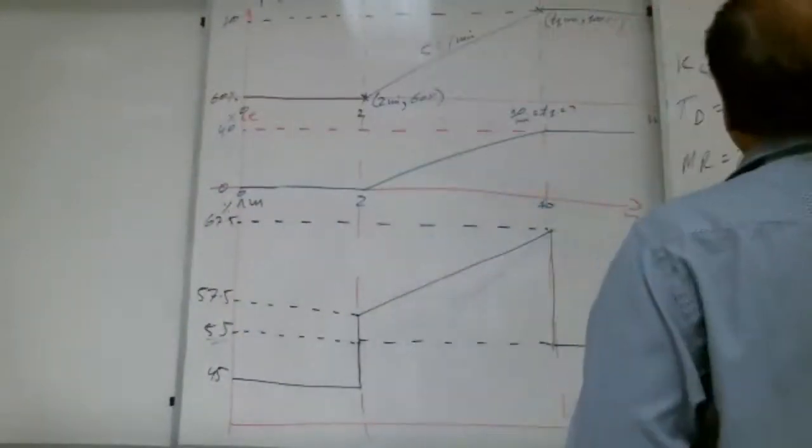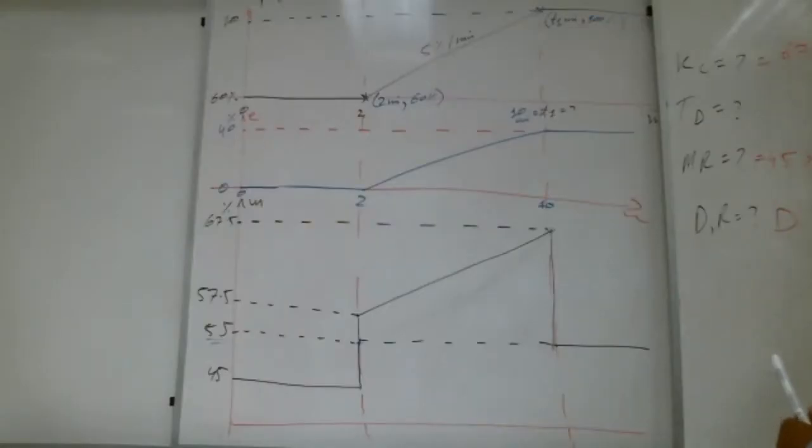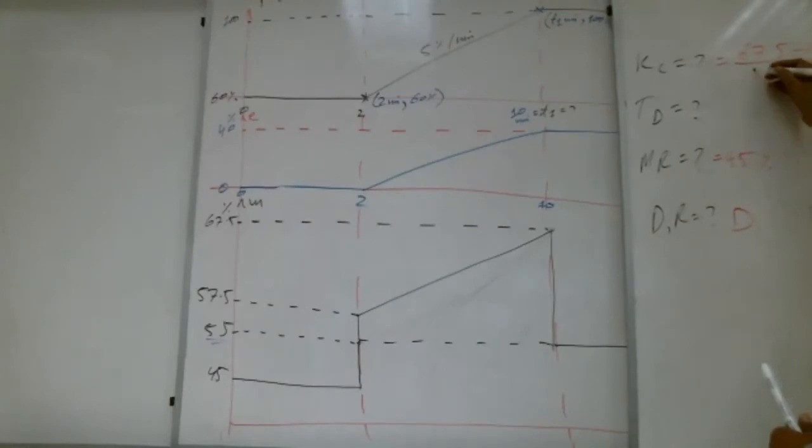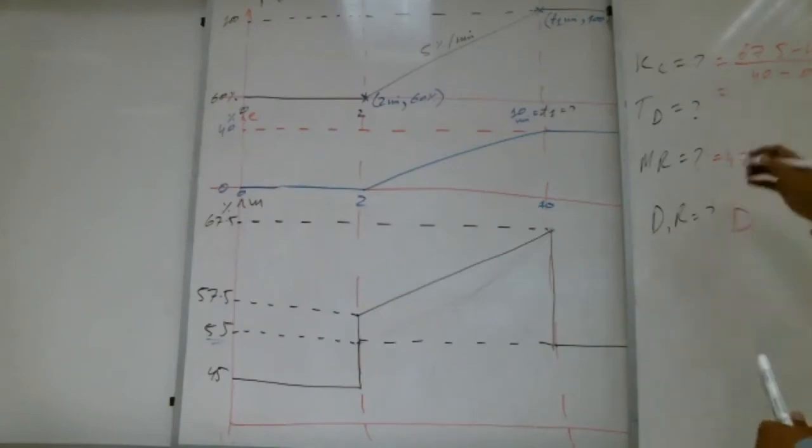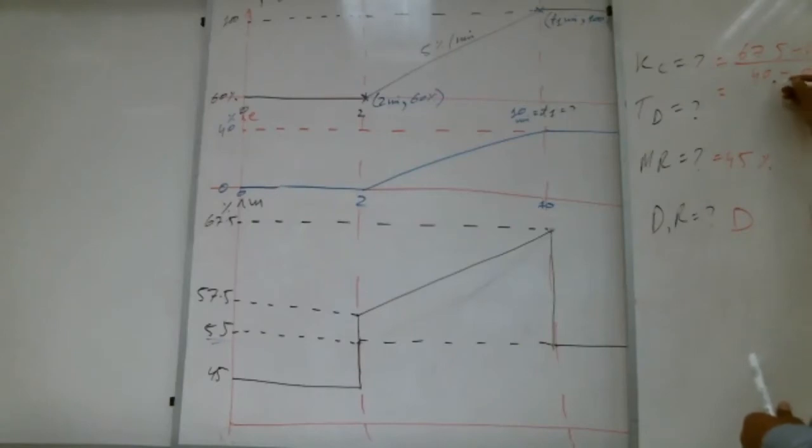65 minus 45 divided by 40 minus 0. Yes, Shabab, how much is this? 0.56. 12.5 over 40.